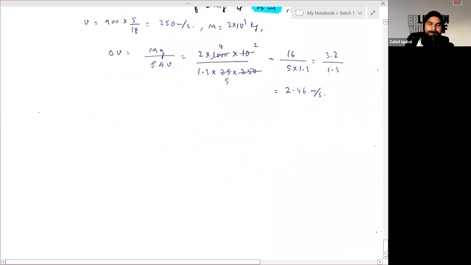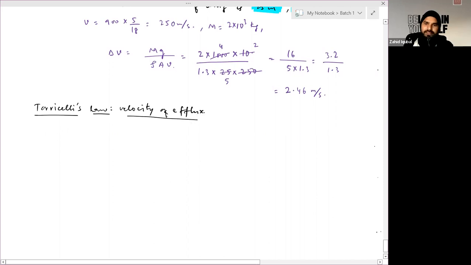First is Torricelli's law. It defines velocity of efflux. What do you mean by velocity of efflux? I will define you later.